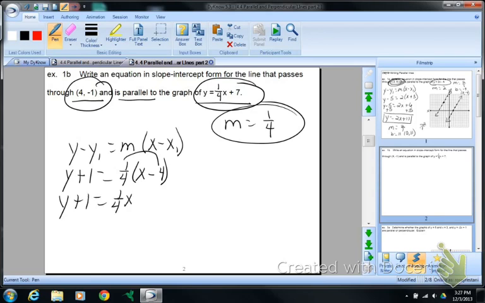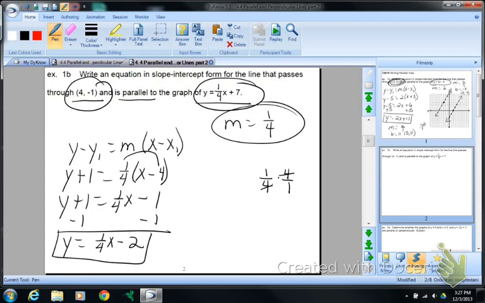Now 1/4 x times negative 4, that's a negative. If you need to go to the side and multiply, that's 1/4 times 4/1, which turns into what? 1. Okay? Subtract 1 on both sides. y is equal to 1/4 x minus 2. So this equation and this equation are parallel to each other.